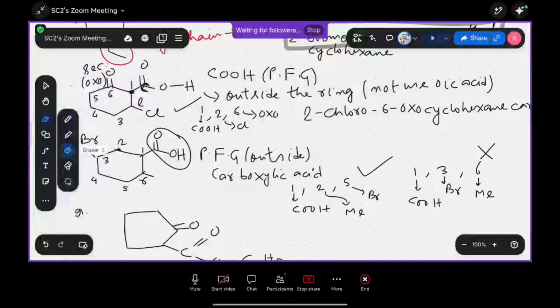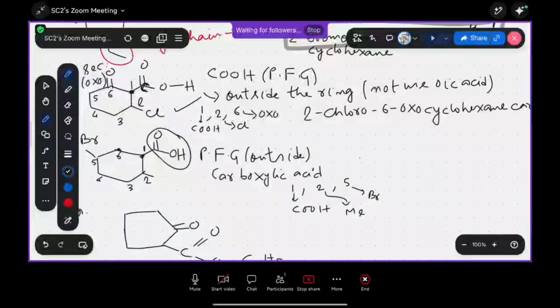So let's come back to that. It is somewhat like this, 1, 2, 3, 4, 5, 6. Carbon 1 is part of the ring. Now that means this becomes 5-bromo. Alphabetically bromine, B, comes first.